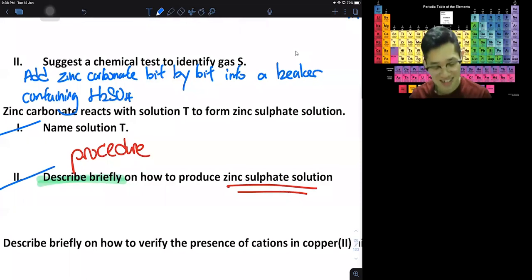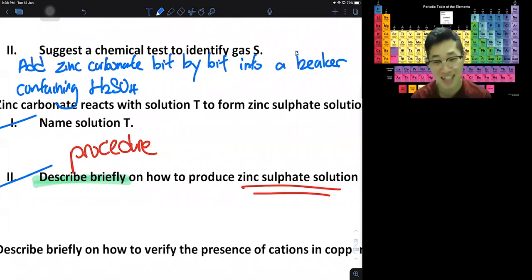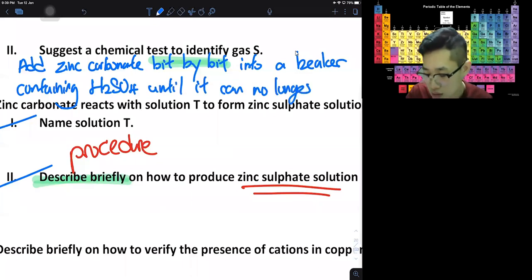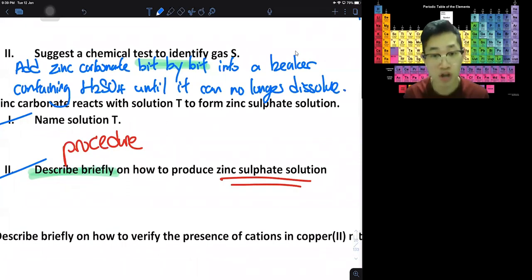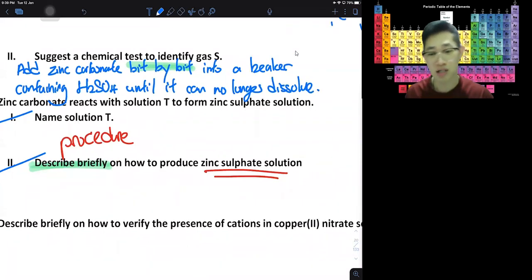This one is very good. Never mind. Okay, a beaker. But am I right? Can I write like this? Containing sulfuric acid until it can no longer dissolve.